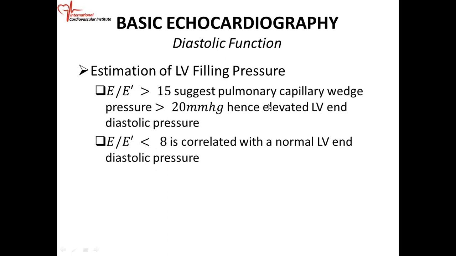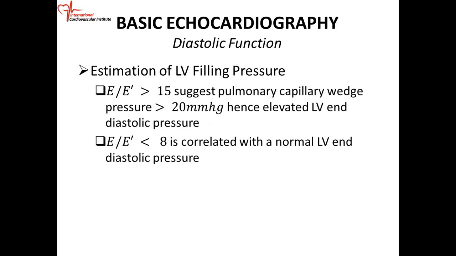That's what we call pulmonary capillary wedge pressure, that pressure you get. Pulmonary capillary wedge pressure greater than 20 millimeters mercury is an elevated pressure. Suggests that the left atrial pressure, the left ventricular diastolic pressure is elevated. This patient is developing heart failure.